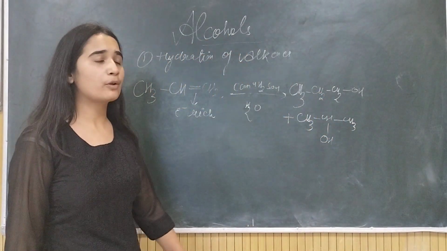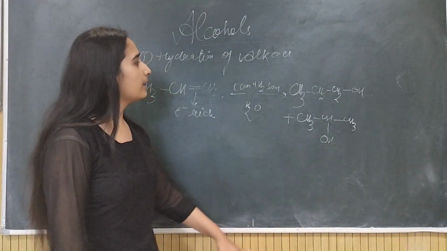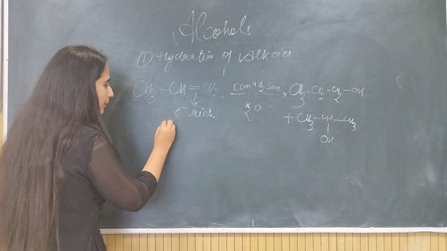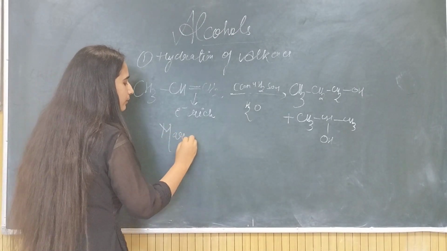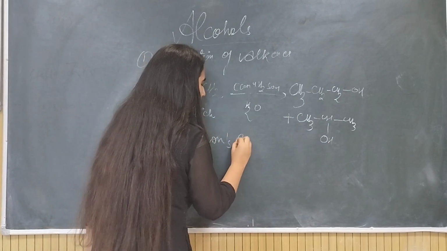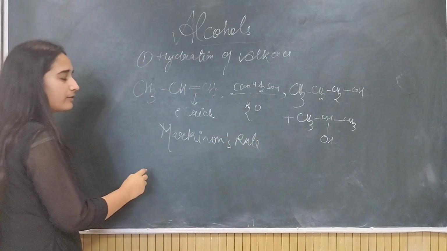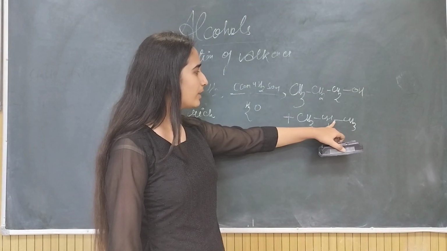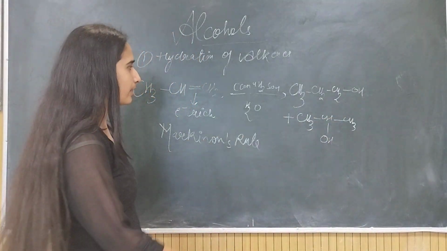It may be 1-propanol or it can be 2-propanol. So we will form the product with the help of Markovnikov's rule. Markovnikov suggests that the hydroxyl group attaches on the carbon which contains less number of hydrogen.